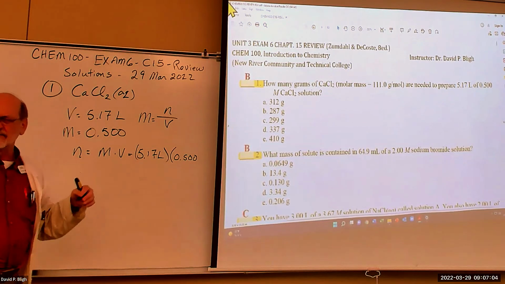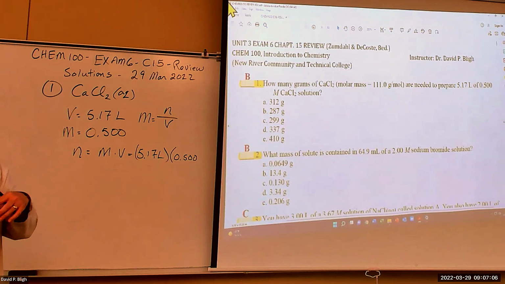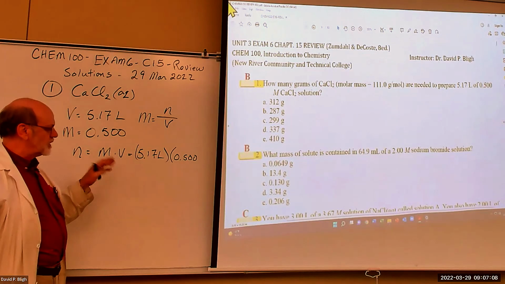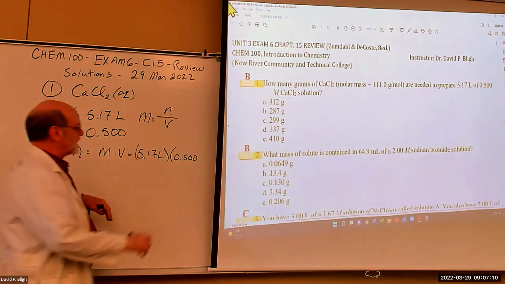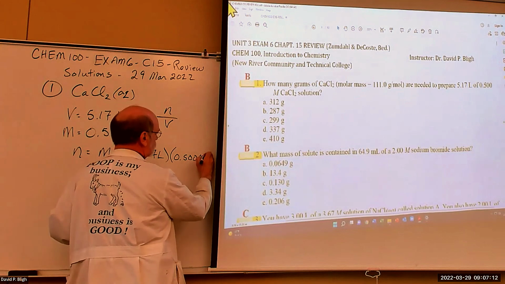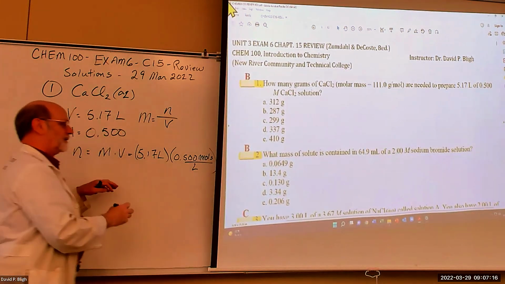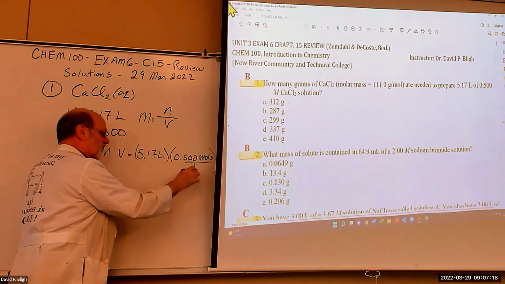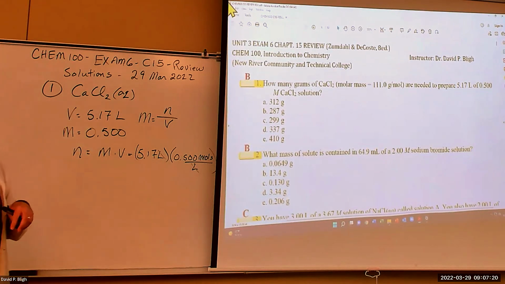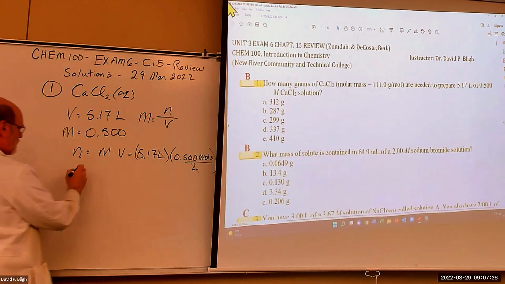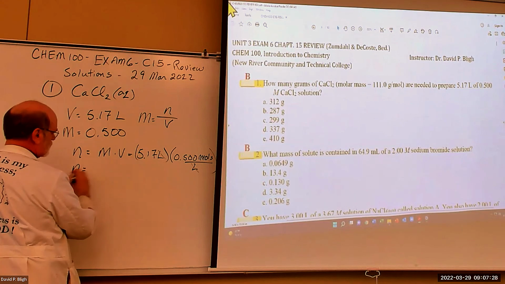But if you've got a complicated calculation, sometimes it's better to interpret the molarity. What does it mean? It means moles per liter. That way, you can cancel the liters and you know you're left with moles. It's just an insurance policy. So a half of 5.17 would be the number of moles.